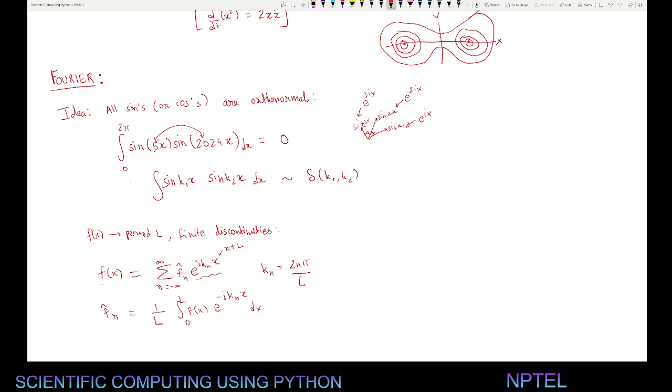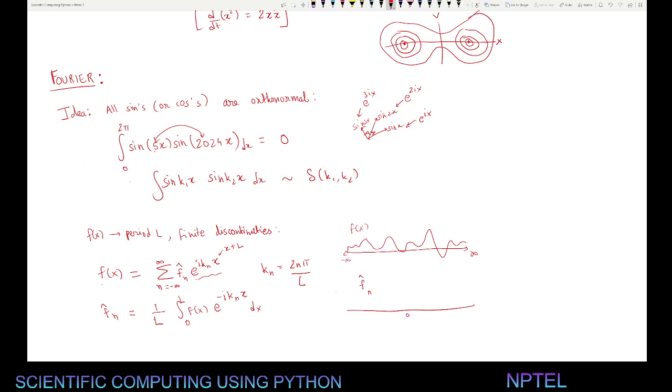So there is one funny thing that people often miss, and it's actually interesting. f(x) is some infinite continuous function, defined from minus infinity to infinity, something like this. It is periodic, but nonetheless it's continuous. It has infinitely many points, uncountably infinite. Very continuous. On the other hand, your fn are discrete.